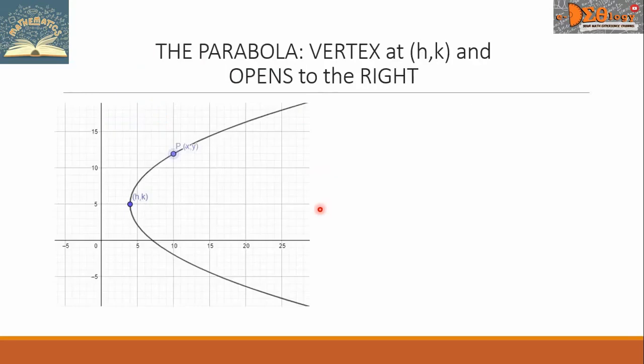Let us now consider a parabola with vertex at (h, k) and opens to the right. Here is the vertex at (h, k), and we pick one point of the parabola and put the coordinates (x, y).